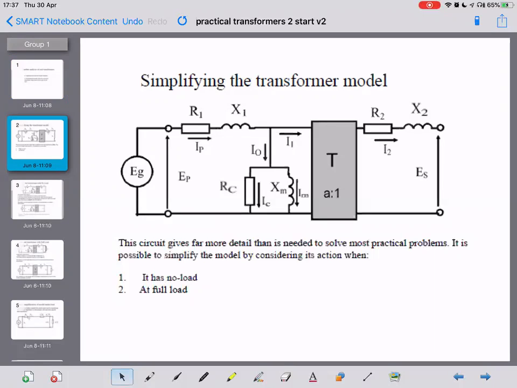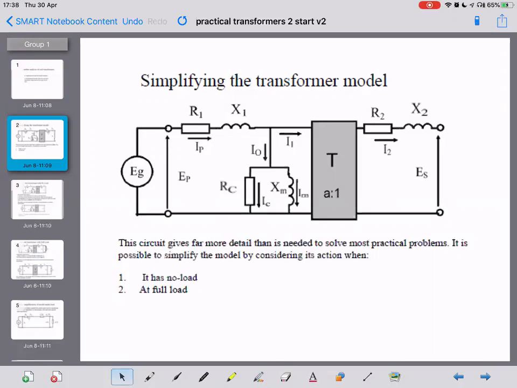It's got R2 and X2 in series in the secondary, representing the resistance of the secondary windings and the secondary leakage flux. And then it's also got your two I0 components, which is your RC, the resistance of the core, the heating effect of the core, and XM, which is your magnetizing current, magnetizing flux.